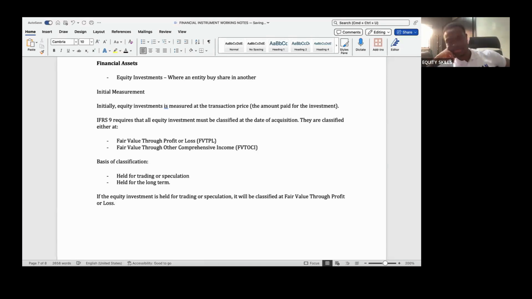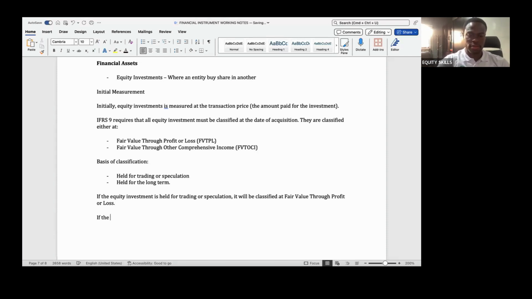When we say held for trading or speculation, or for the short term, it simply means that you have the intention of selling. Whether you're able to sell it within a year or after one year or after two, that's another thing. The main thing for determining held for trading is that you have the intention to sell. In that case, we would expect you to classify the financial assets at fair value to profit or loss.